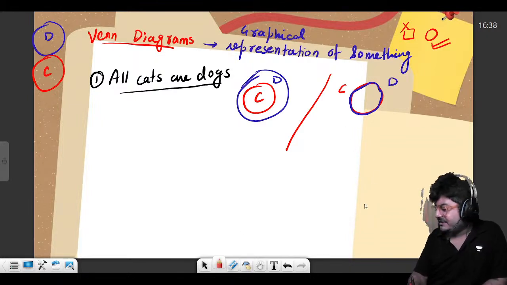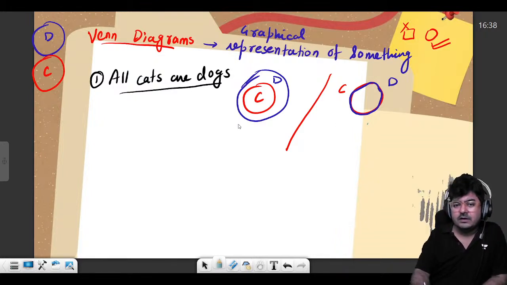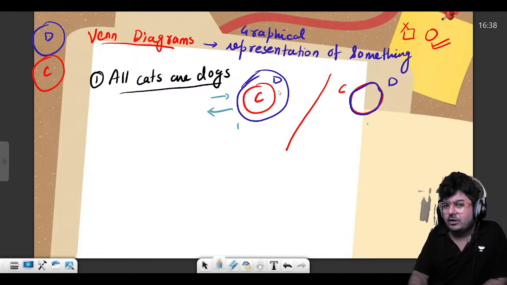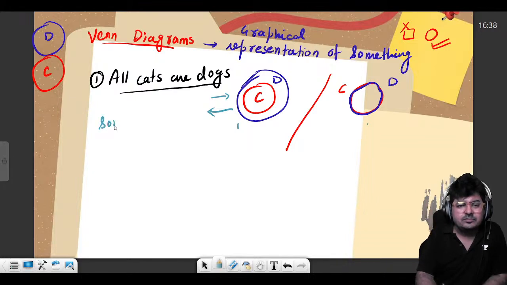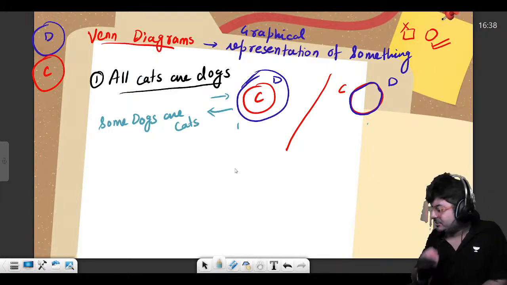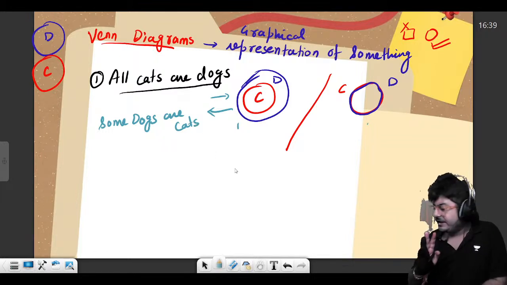But if the circle is like this, the meaning will change. Like here you can see all cats are dogs, fine. But you can also see some of the dogs are part of this cat group. So we can also say some dogs are cats, because this is obvious. We are not assuming. Is it clear?